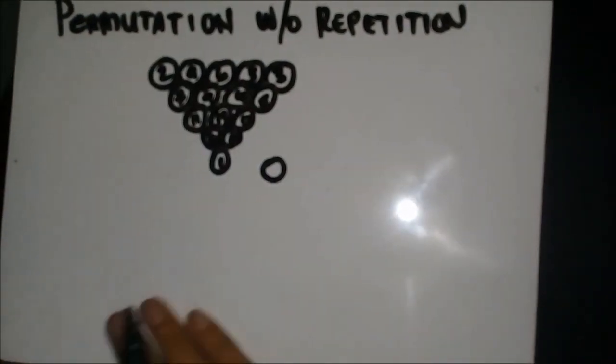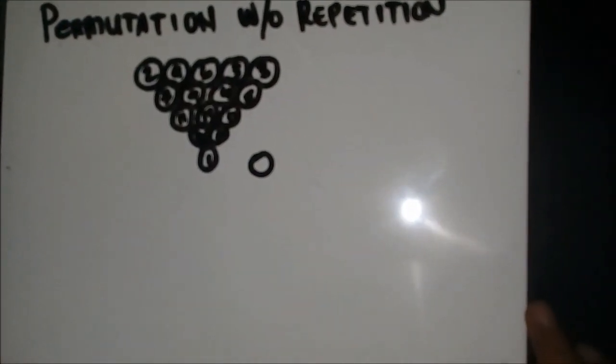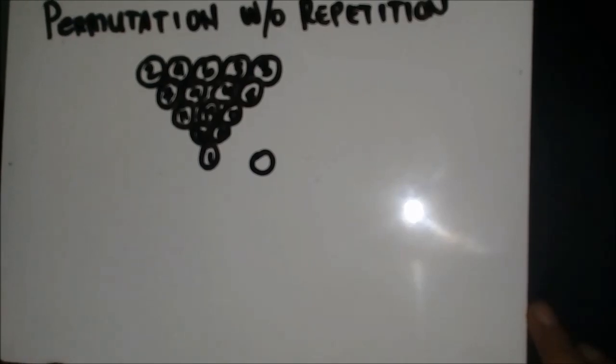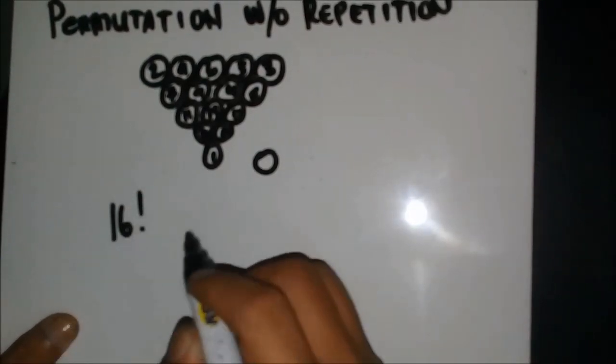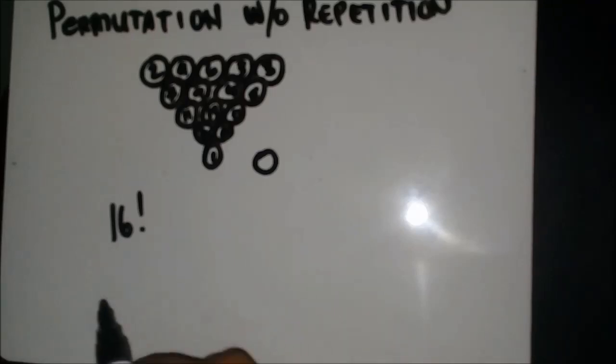So instead of writing the long method, which is the slot method, we can say that the permutation of arranging 16 pool balls on a rack is simply equal to 16 factorial, and you will have the same answer.